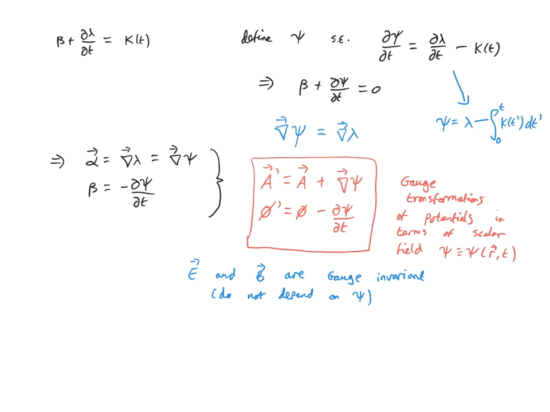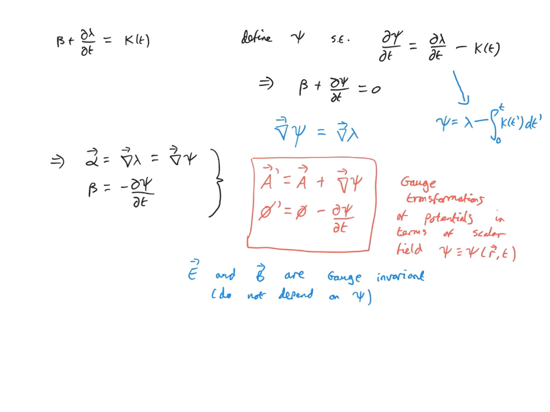However, here we have a much greater freedom. We can actually have this field psi change from point to point in space and also change in time, and yet the physical properties are left unchanged. So this is a much, much greater kind of symmetry than simply a global coordinate transformation. It's actually what's called a local symmetry.